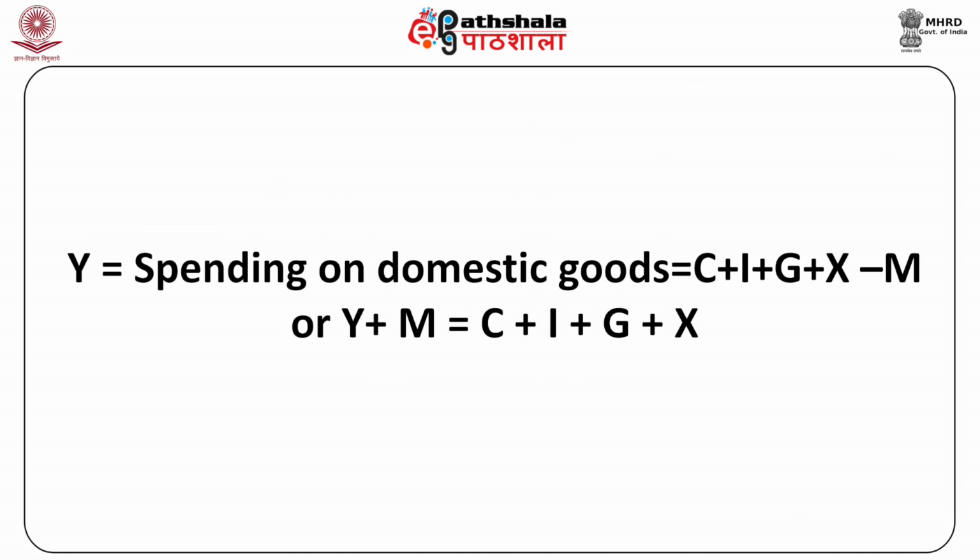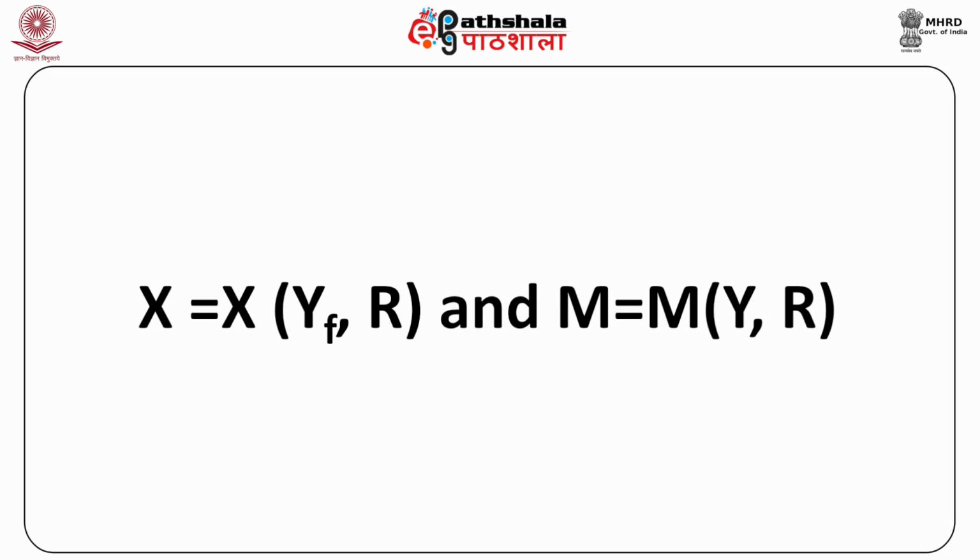That is, Y is equal to spending on domestic goods, which is equal to C plus G plus X minus M, or Y plus M is equal to C plus I plus G plus X. Total exports depend on foreign income and the real exchange rate.